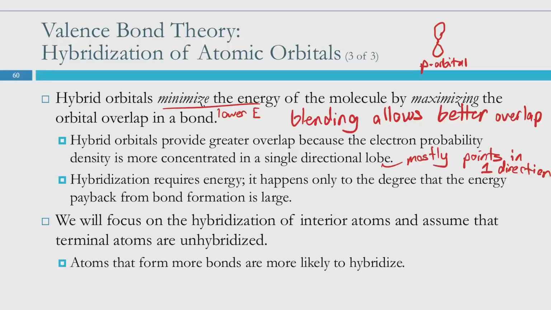It should be evenly distributed. In a hybrid situation, that would be very lopsided. So we would have this bonding side and then this other side that's not going to really be able to interact. We're kind of throwing all of our probability density out in one direction to get better overlap.